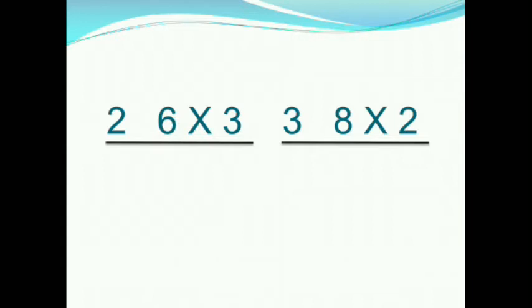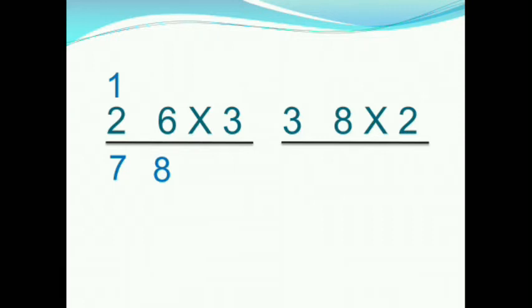Write 8 in units place and carry 1 to tens place. Next we should multiply 3 and 2. 3 2s are how much? Yes, 3 2s are 6. 6 plus 1 carry is equal to 7. Write 7 in tens place. Therefore 26 into 3 is equal to 78.